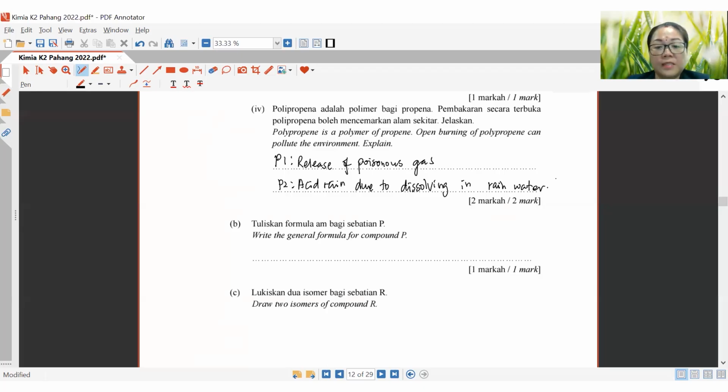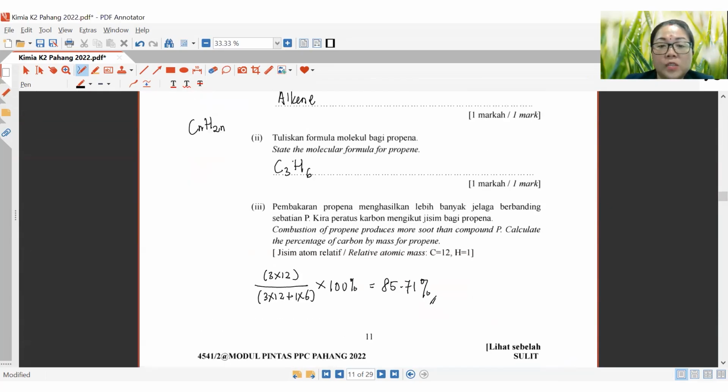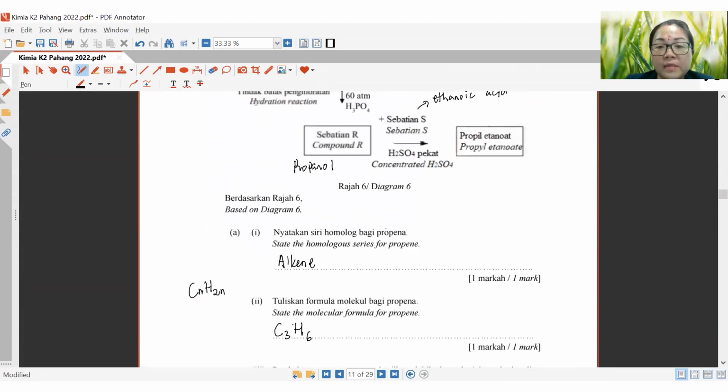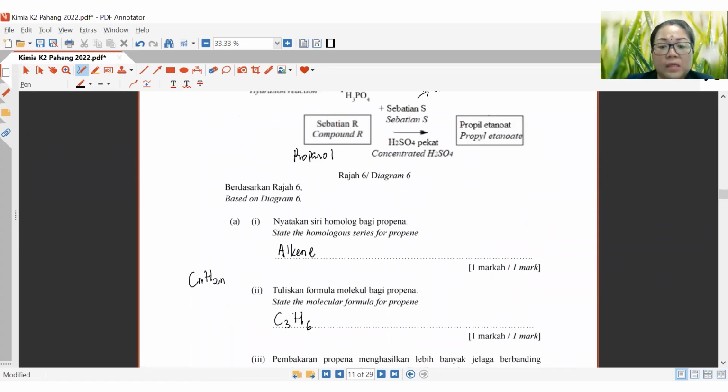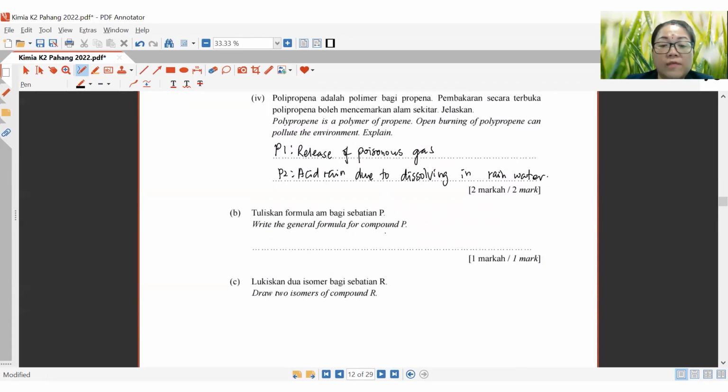Okay, now let's look at B. Write the general formula for compound P. So what is compound P just now? If we look back, it is a propane, an alkane. So an alkane has a general formula of CnH2n plus 2. So that's the formula of an alkane.